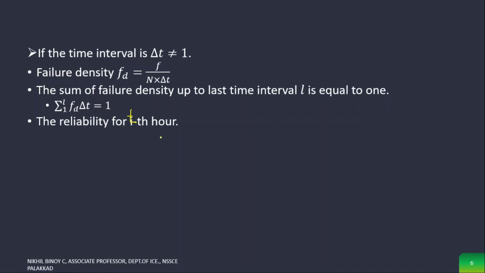The reliability after tth hour or ith interval is R of t, not R of I. R of t is equal to 1 minus fd1 plus fd2 plus etc. plus fdi into delta t. So what's the difference? Reliability after tth time, but here I am using I. Tth time means ith interval.